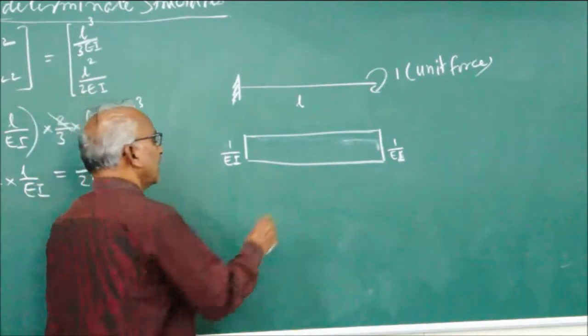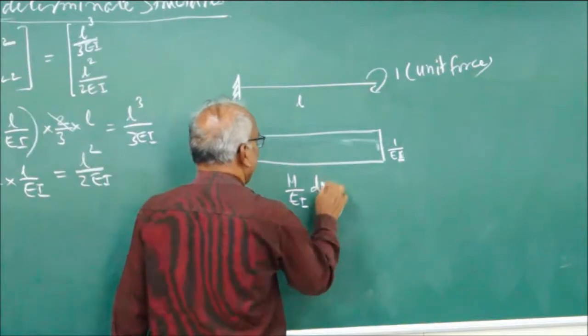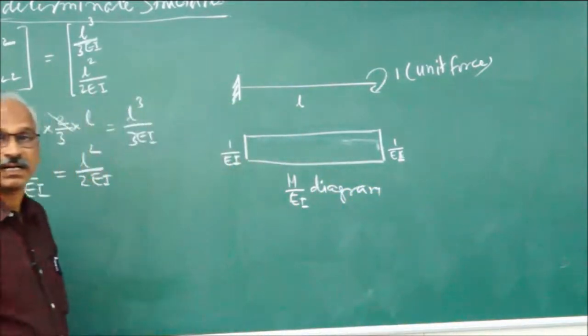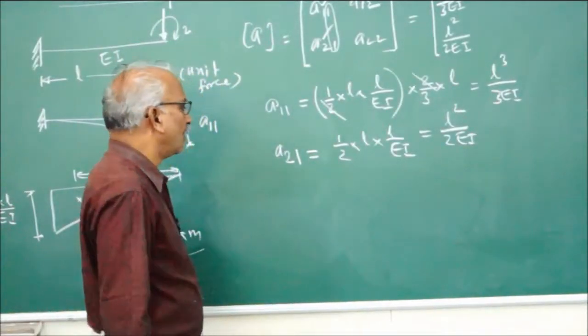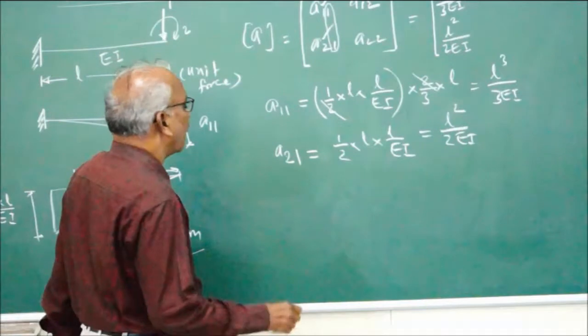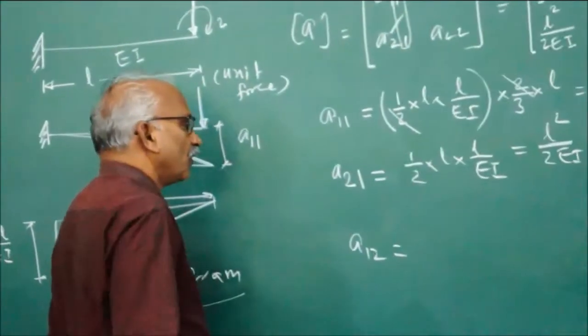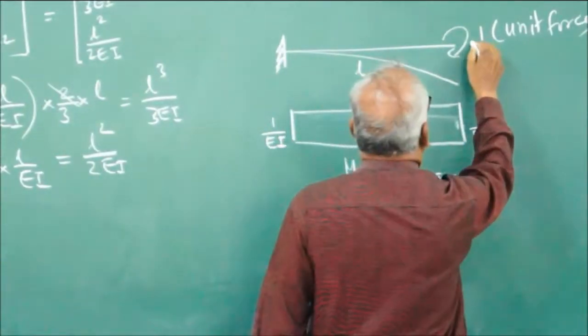M by EA diagram. Right. Now, A12 is 1, 2. Okay, this will also have a different shape like this.